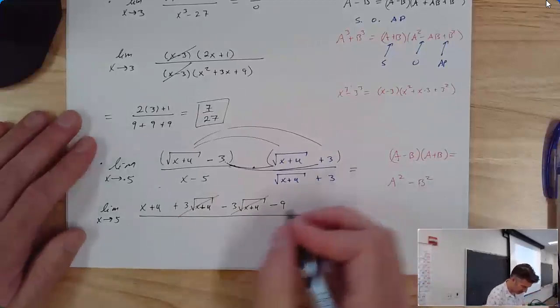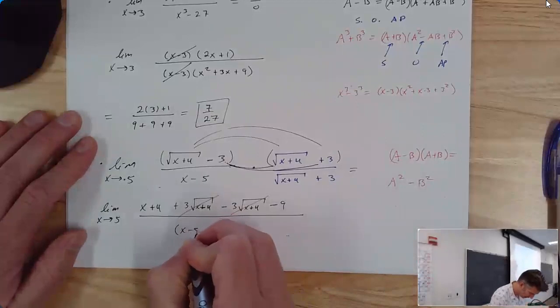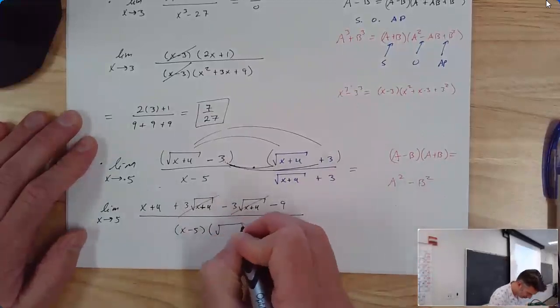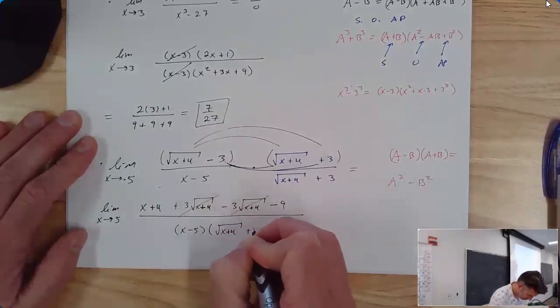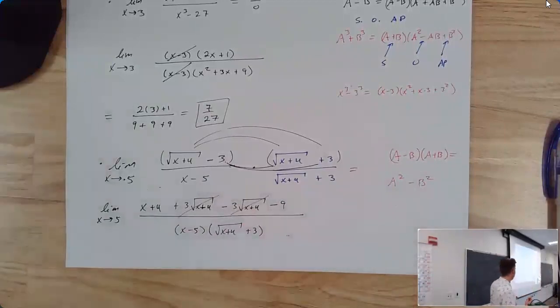So I'm just going to leave the denominator as x minus 5 times the square root of x plus 4 plus 3. And the reason I don't multiply that out is I know that 5 is the problem. So I know that I want x minus 5 to go away. So multiplying that bottom part out is not going to help me see that. I want to leave the things that I know I want to cancel alone.